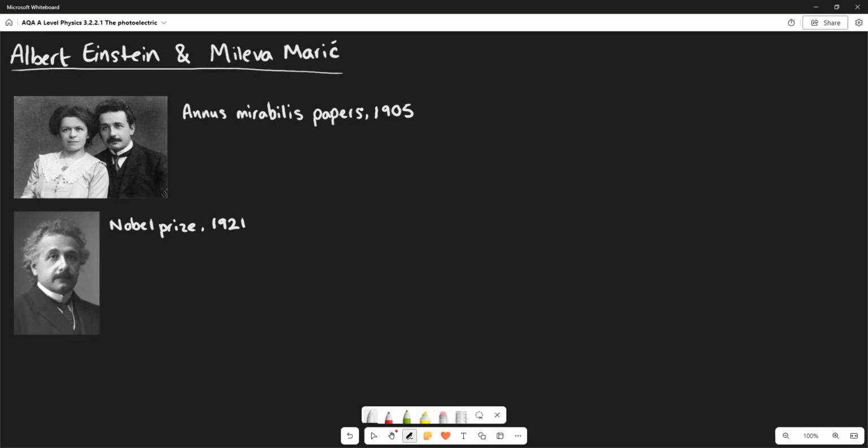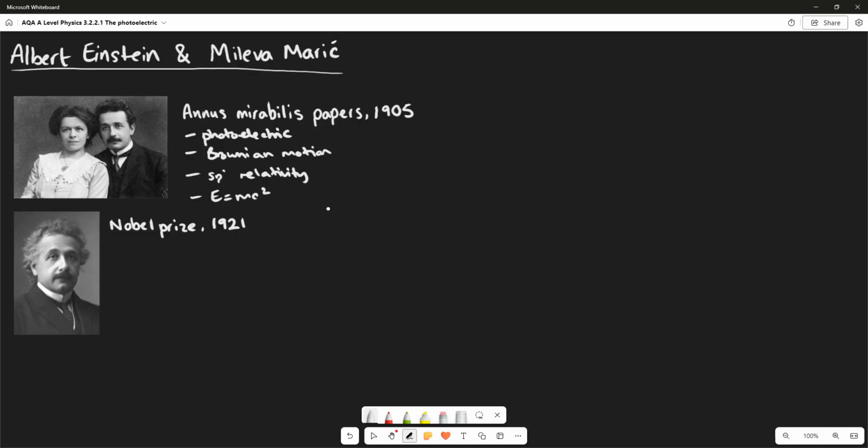In 1905, he published 4 papers. This is known as his Annus Mirabilis, or Miracle Year. The Annus Mirabilis papers included the photoelectric effect, the concept of Brownian motion, special relativity, and the equation E equals mc squared.